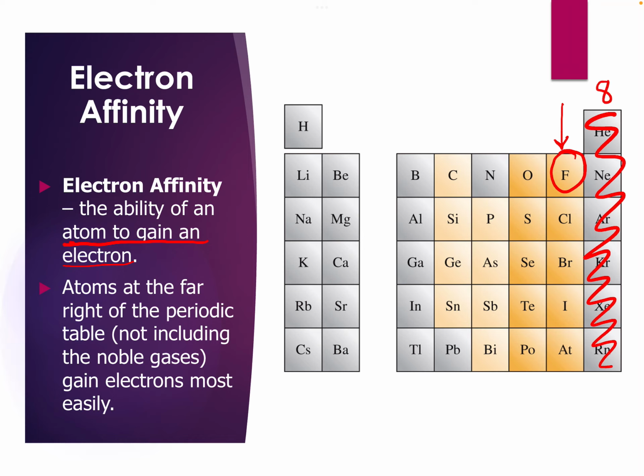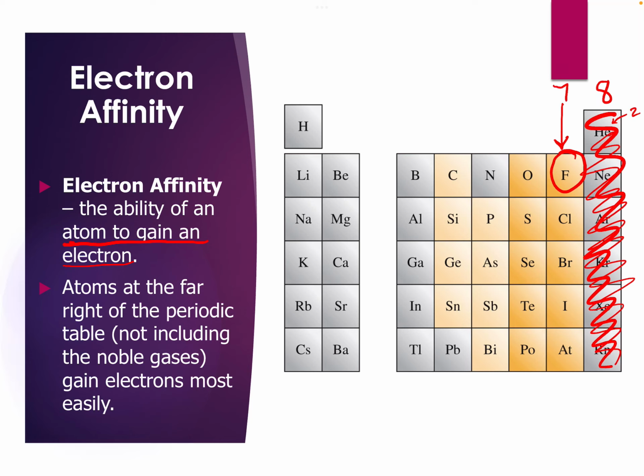They have 8 valence electrons, except for helium, which has 2. 8 is kind of a magic number in chemistry when we talk about bonding. We're going to get into the octet rule, where all of the atoms are trying to get to 8 valence electrons. Since these noble gases already have 8 valence electrons, they're not trying to gain any more, which is why we essentially set their electron affinity as 0.